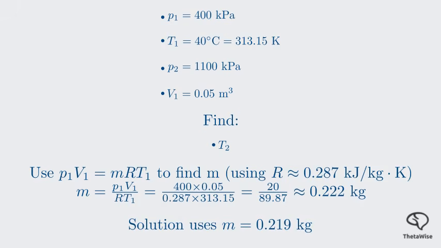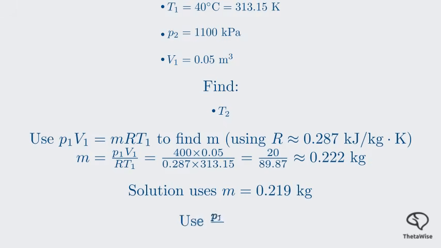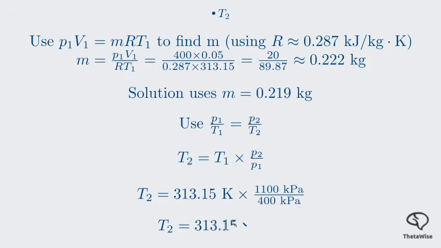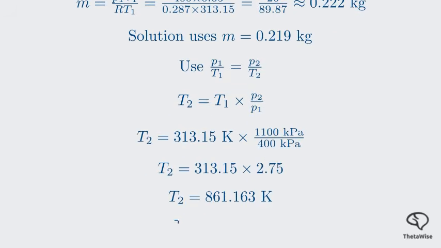Now let's solve for the new temperature, T2. We use our state relationship for an isochoric process. P1 over T1 equals P2 over T2. Rearranging for T2, we get T2 equals T1 times the ratio of pressures. Substituting our values, 313.15 times 1100 divided by 400.